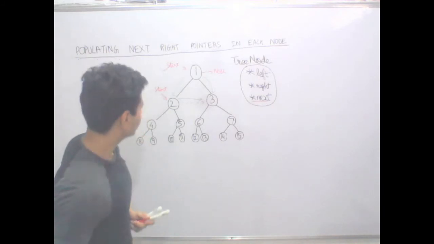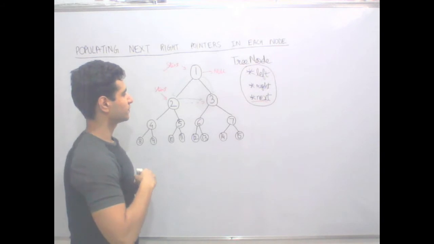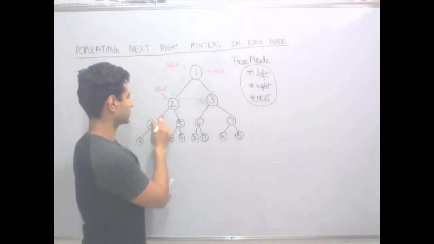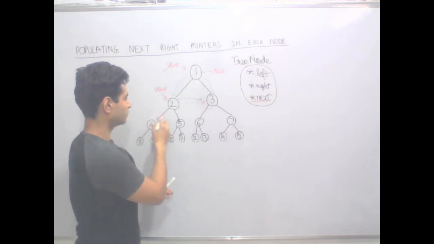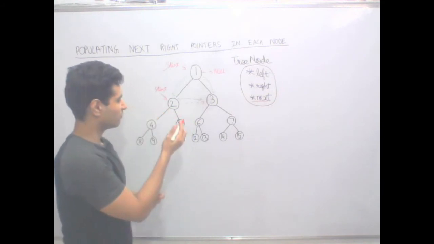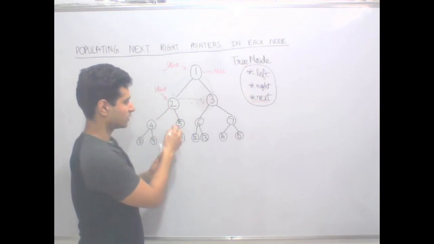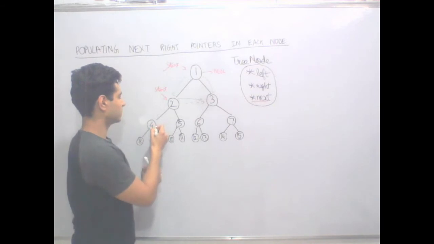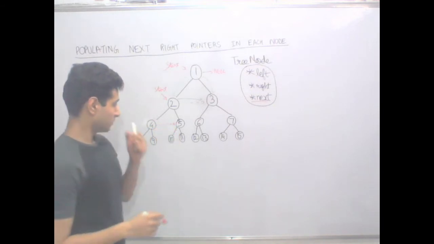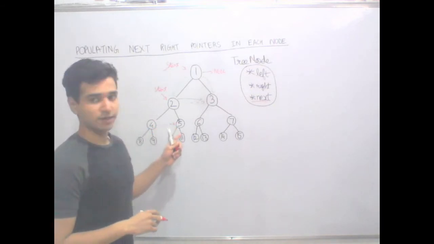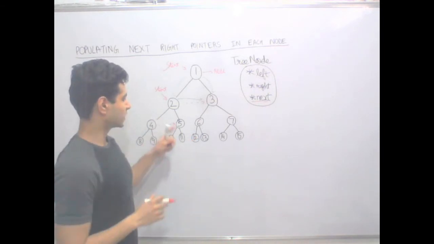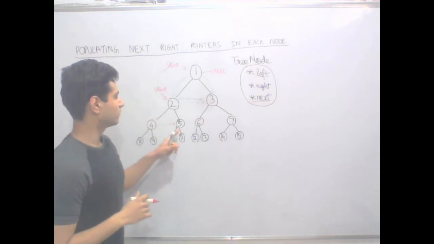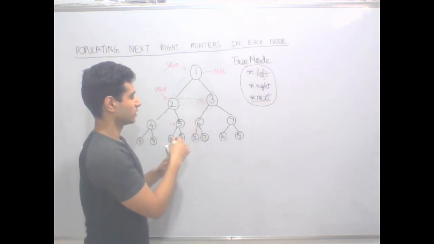Yeah. So now we are at level 2, where start is at 2, right? So we will first assign its left pointer's next to its right node. So 4's next is now 5. Okay, then we have to take care of 2's right as well. For 2's right, which is 5, its next node is 6, right?